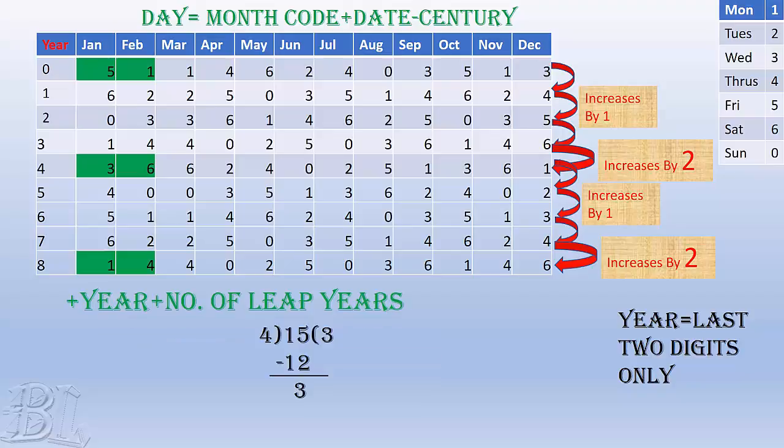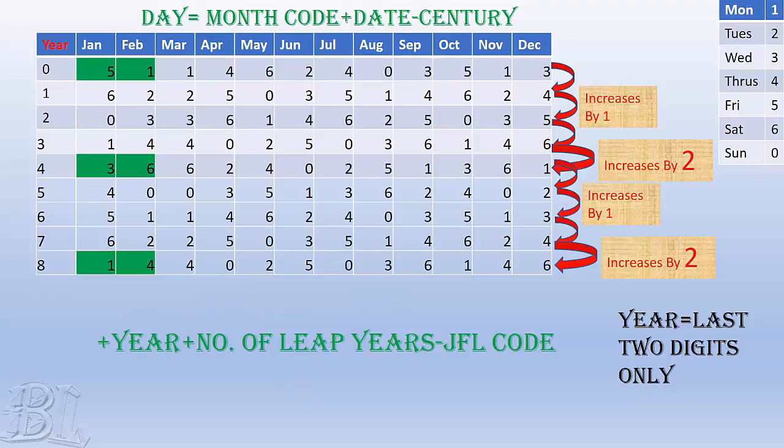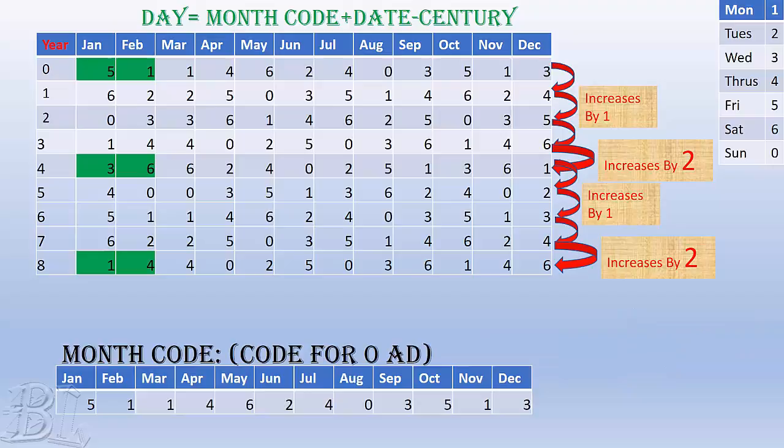For instance, if the year is 15, then divide it by 4, to get the quotient as 3, and this 3 will be your number of leap years. And, we also corrected the month codes for January and February when the year is leap year, hence we also need to subtract the JFL code to find the day. After this you only need to remember the month code for 0 AD as shown.